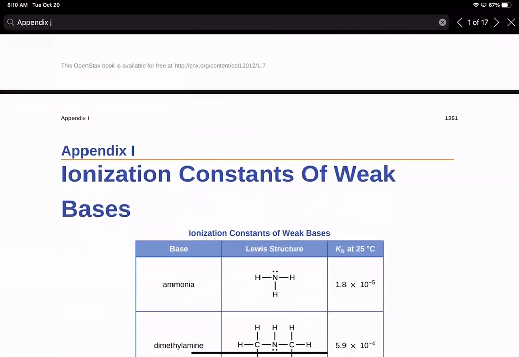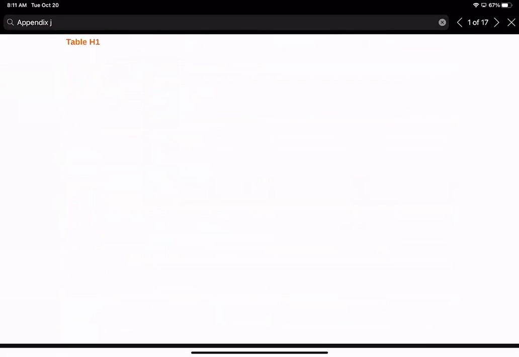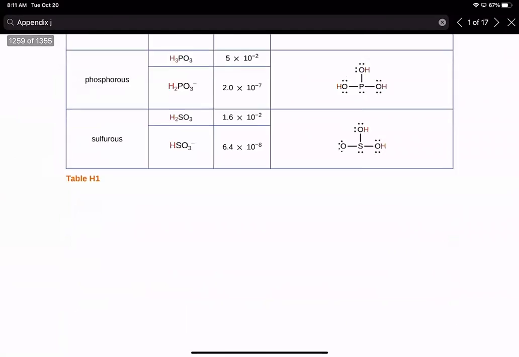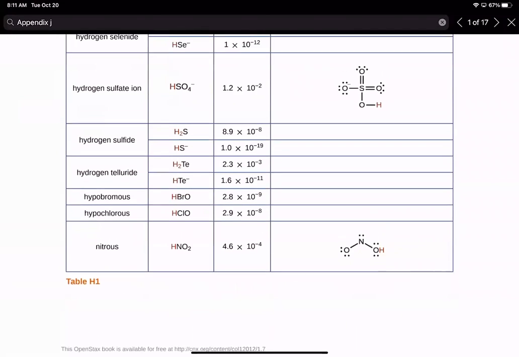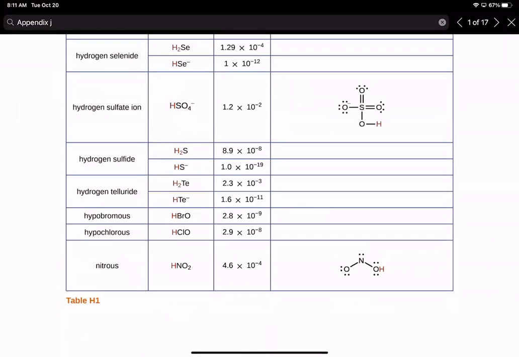KSP, KB, and our Ka. Ka is 8.9 times 10 to the 8th, but that's not what I have in my notes.